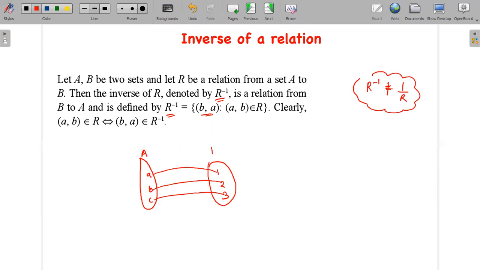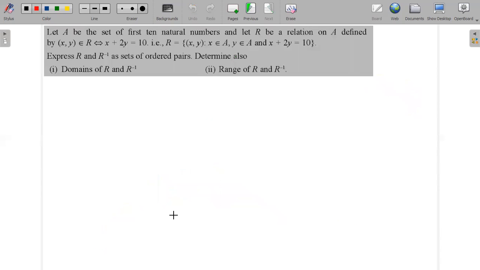So in a relation from A to B, the elements of set A which are participating are said to be the domain for relation R. Similarly, elements from set B which are participating are said to be the range of relation R. So if we define an inverse relation, then the range of relation R will become the domain of relation R inverse, and the domain of R will become the range of relation R inverse. Let me solve this question quickly.